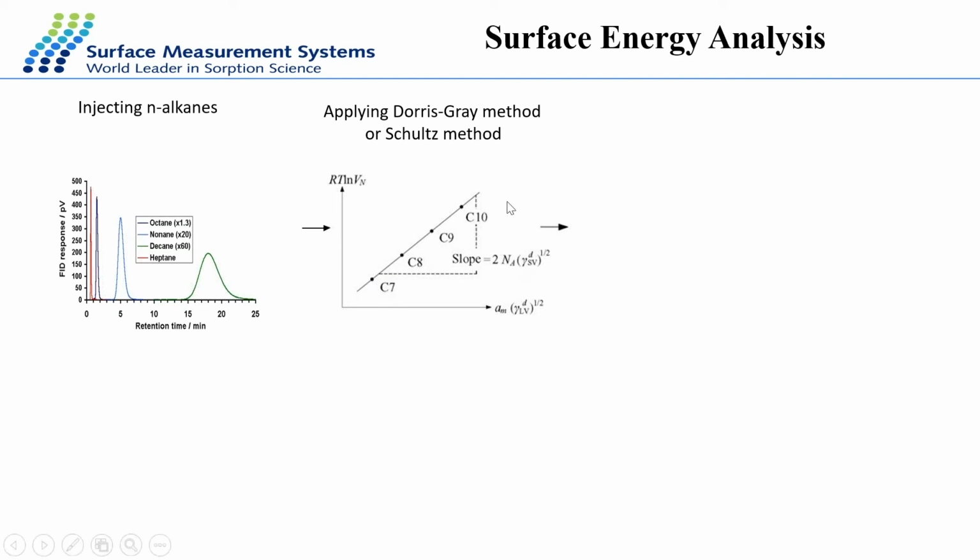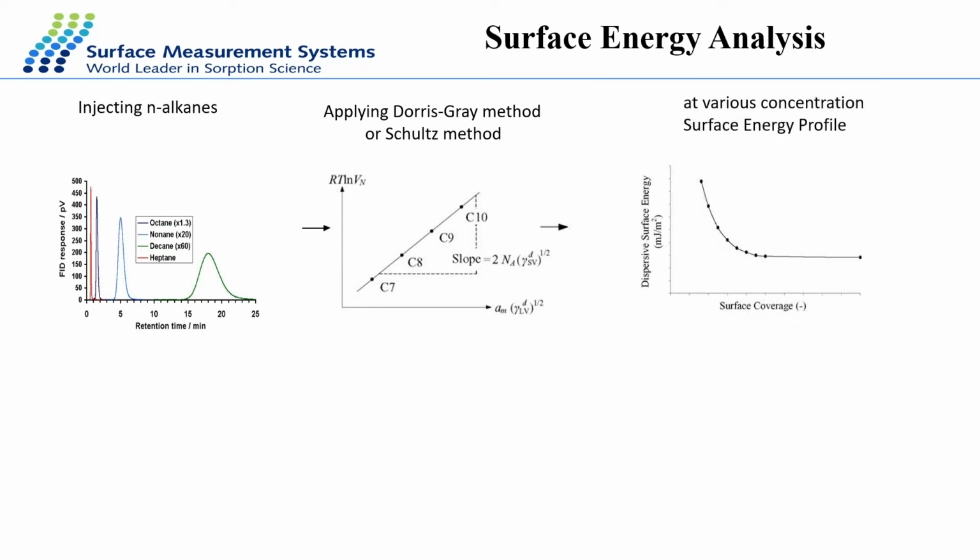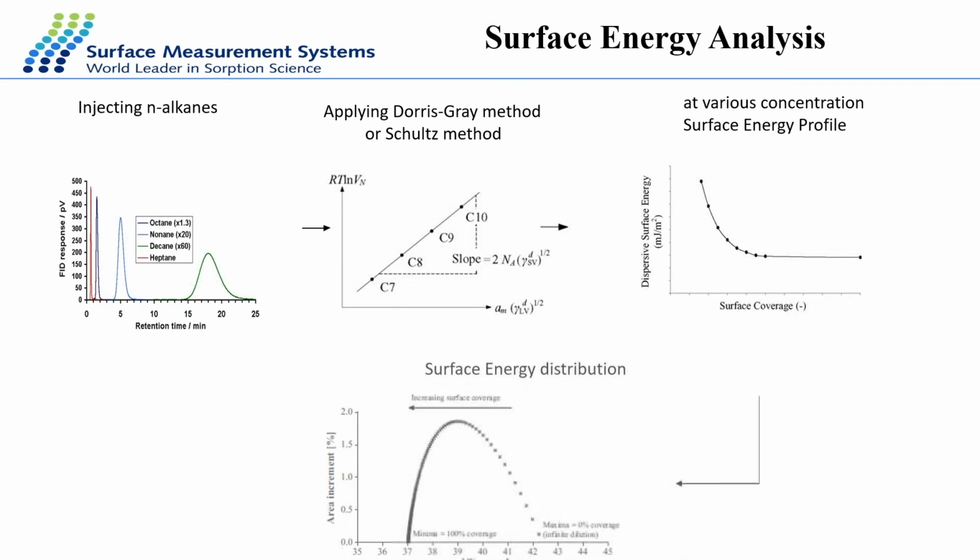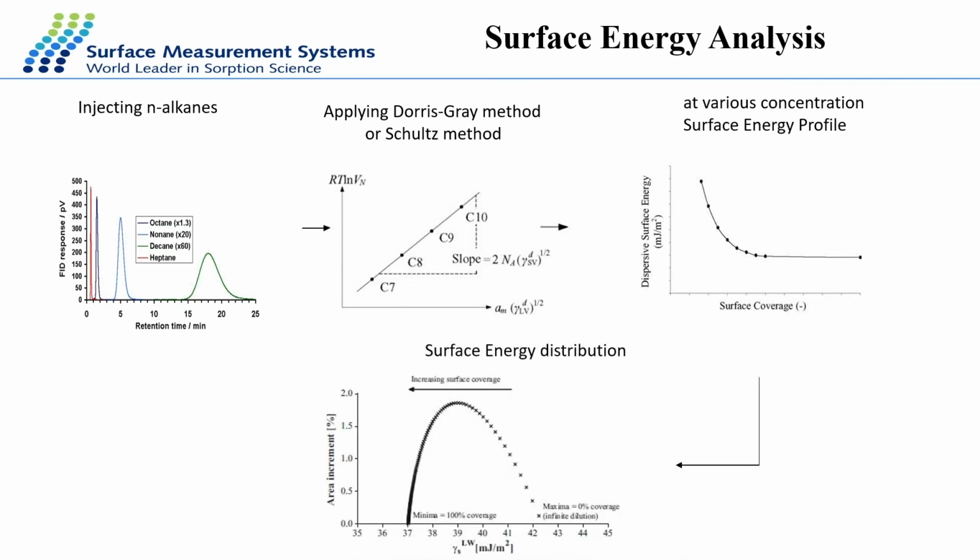If you inject the alkanes in a series, so at different concentrations, you can determine the surface energy at different surface coverages. And this can be used to determine the surface energy distribution, the energy heterogeneity of the surface, how uniform the surface is energetically.